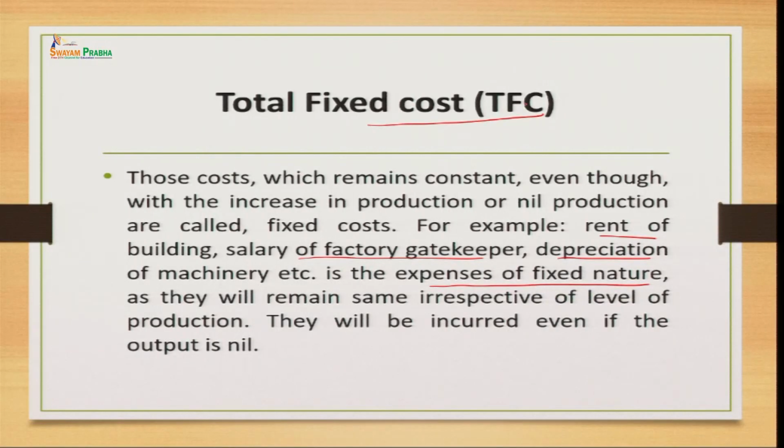Those costs would be considered to be fixed cost, but one thing which you have to remember here is this concept of fixed cost is applicable only in the short run, right. In the long run there is no cost which is fixed in nature, all the costs are variable in the long run. So, this fixed cost concept is applicable in the short run only, right. For a period of time they are fixed and they do not change with the change in the production.